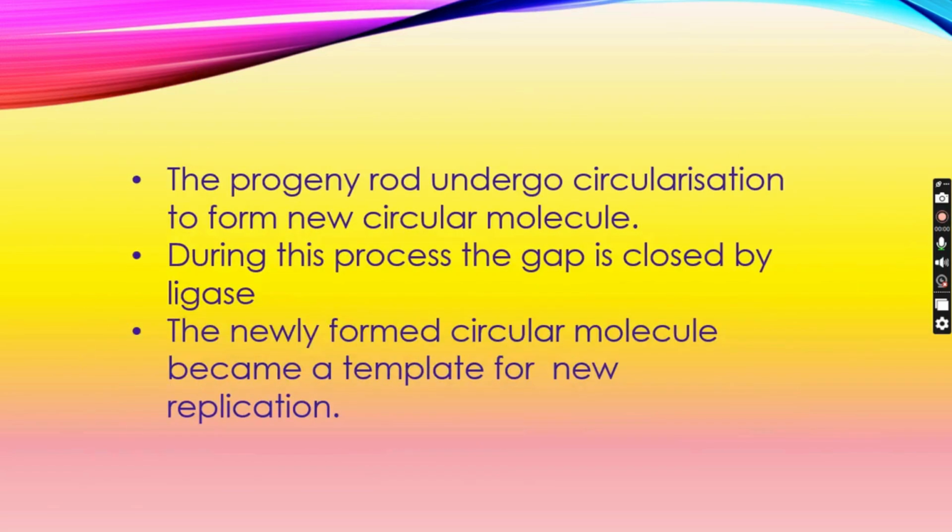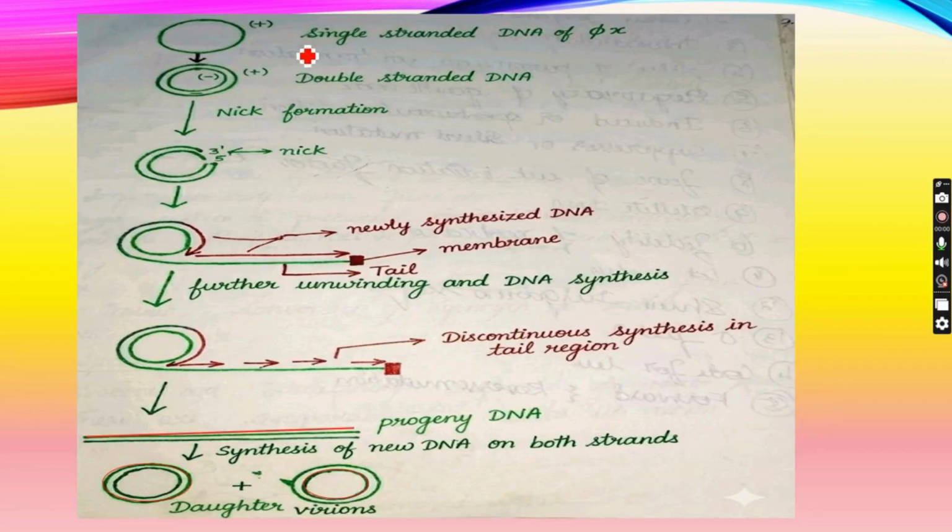Here we can see the single stranded DNA of the M13 bacteriophage. As we already saw, the M13 bacteriophage is going to be single stranded, covered by the capsid protein as a tube-like structure. So the circular single stranded genome is covered by the capsid protein.